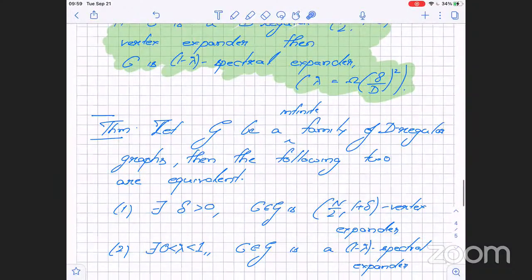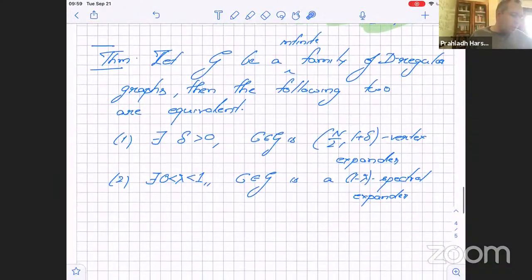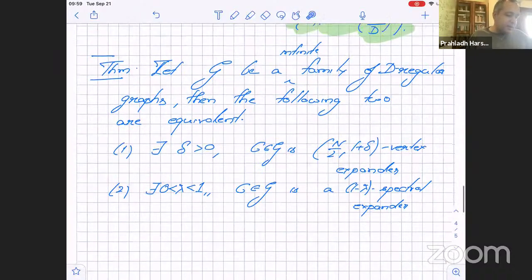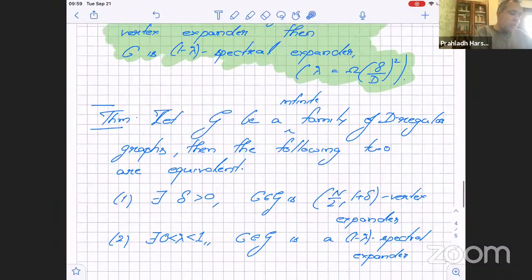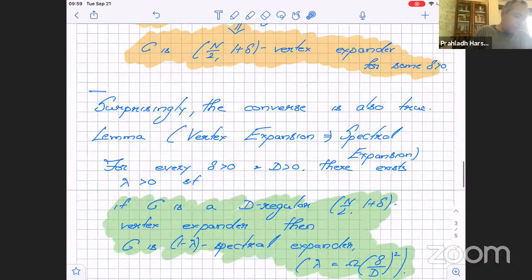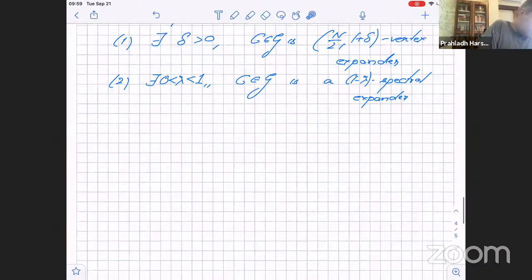Yes. Okay. So now let's ask qualitatively, what is the best when I go from spectral to vertex expansion?